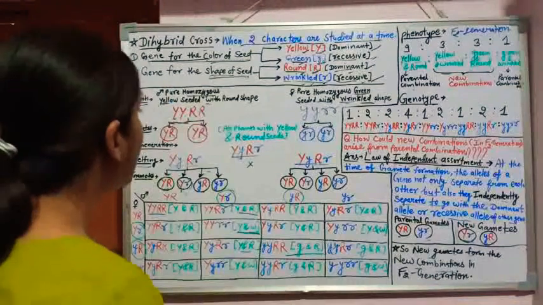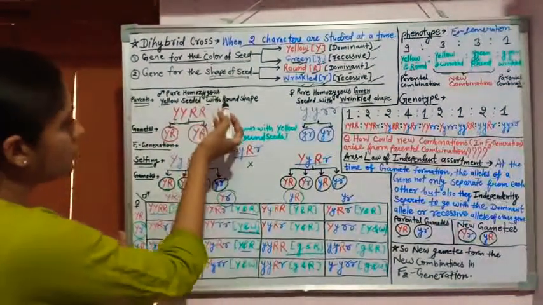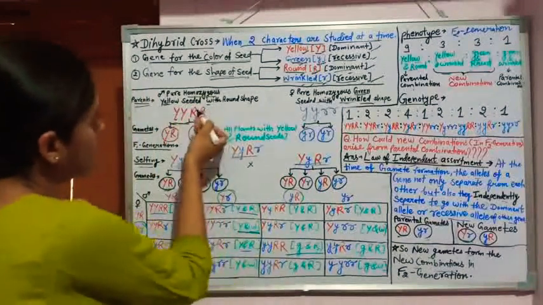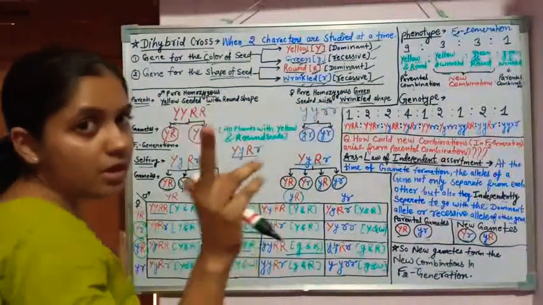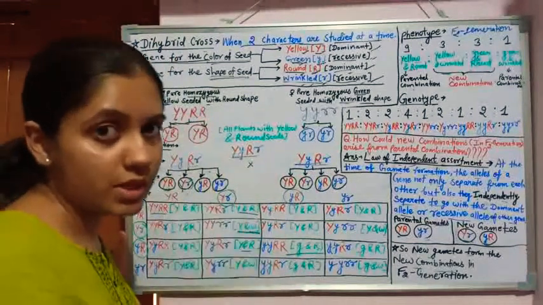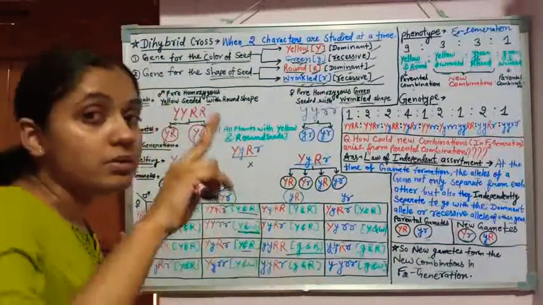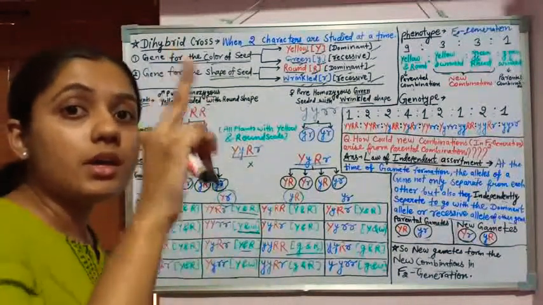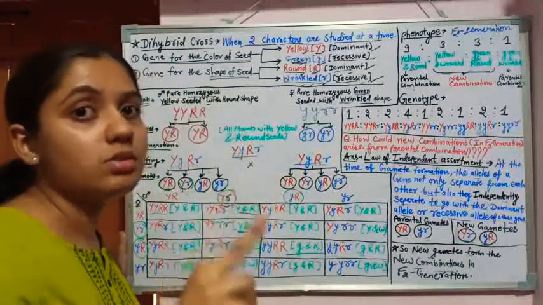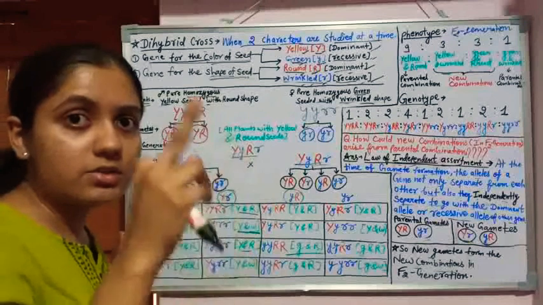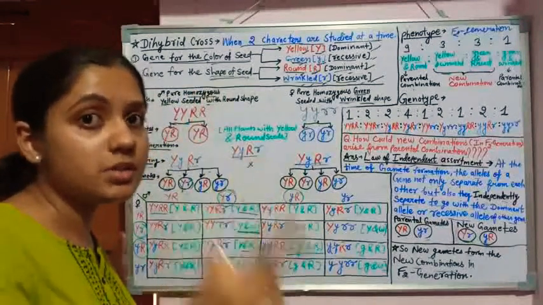Now we will do the cross, in which we take two parents. Remember, both the parents must be homozygous. Homozygous means that in a gene both the alleles are of a similar type. If one allele is dominant, then the other must also be dominant.